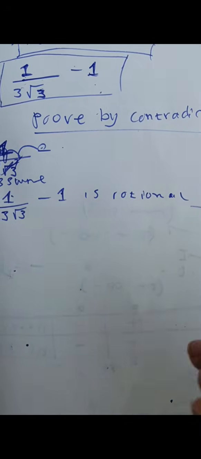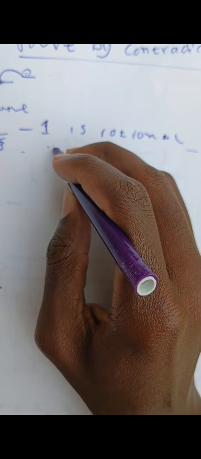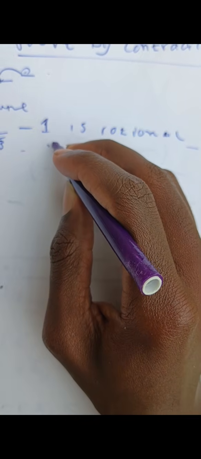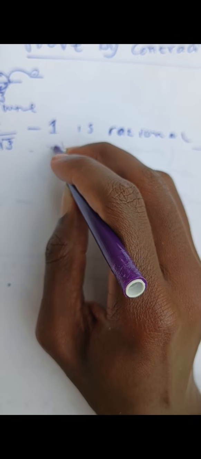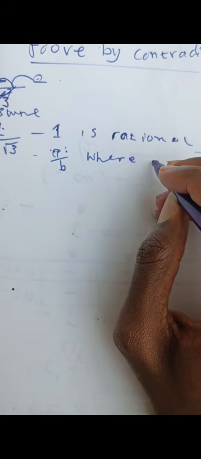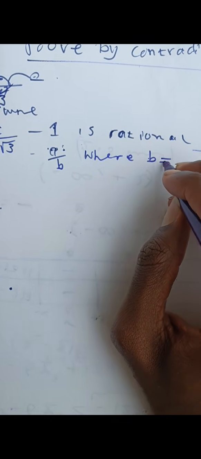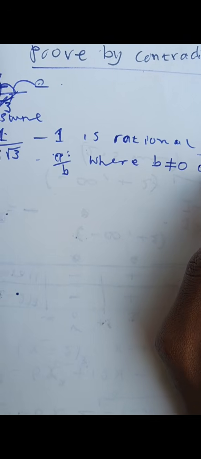So we're assuming now that this is rational. When it is rational, it means that it can be expressed in the form A over B, where B is not equal to 0 and A and B are integers.